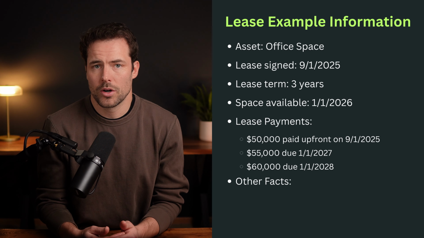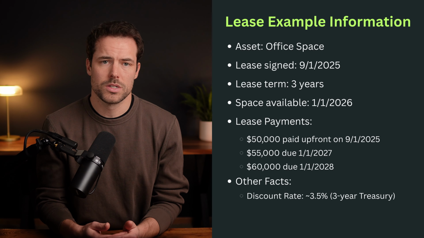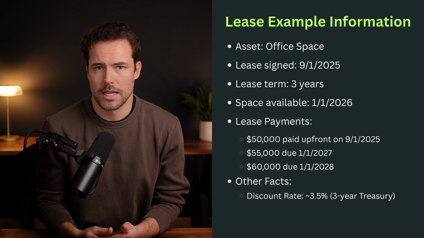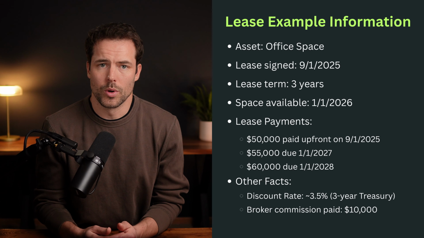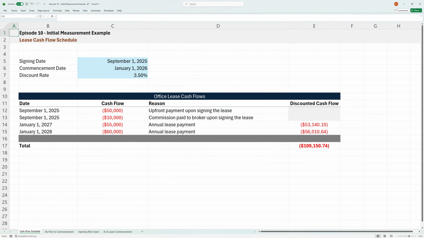So we'll use the current 3-year Treasury yield, which is approximately 3.5%. We also paid our broker a commission of $10,000 when we signed the lease. So from our perspective as the lessee, the cash flow pattern looks like this. We paid $50,000 to the lessor and our $10,000 commission to the broker on September 1st, 2025. Then we have the two future payments of $55,000 and $60,000.